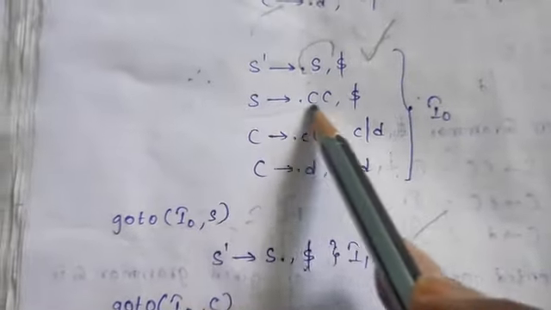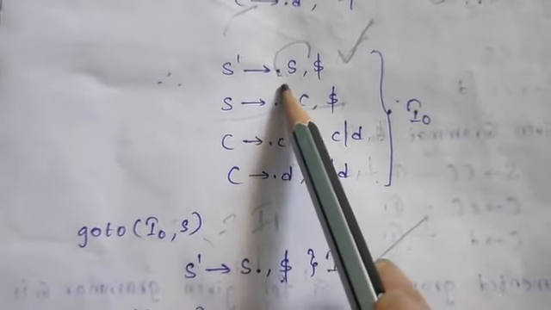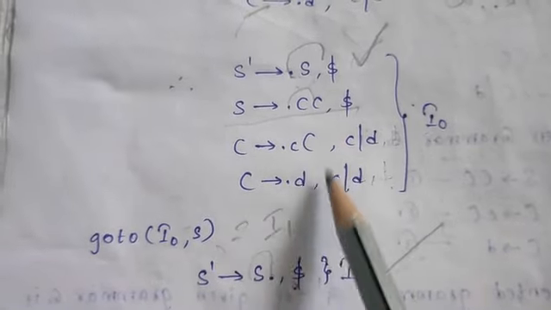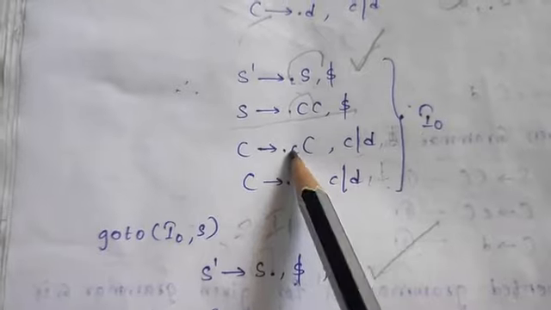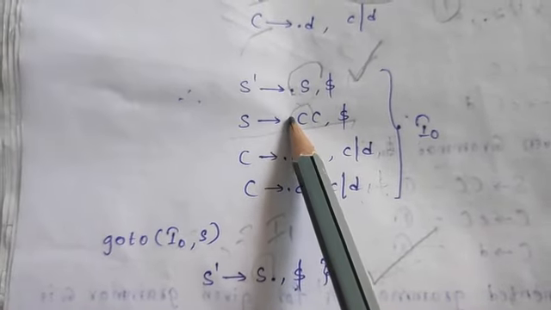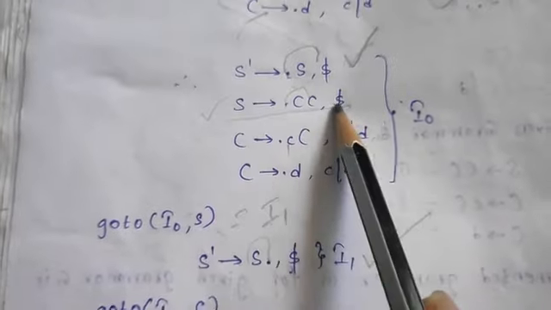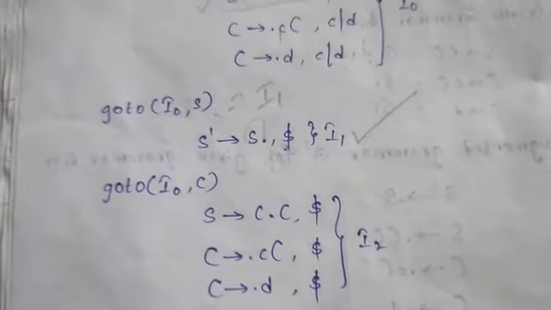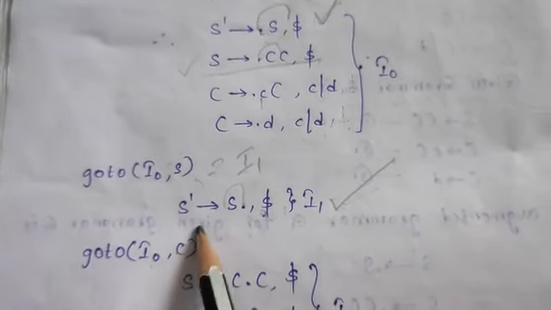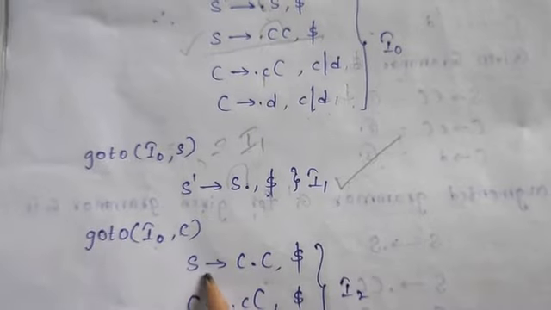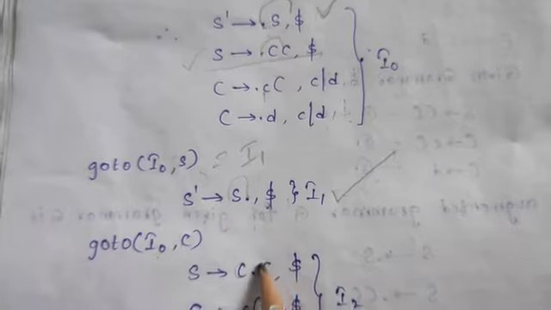Then we'll go for the second one. Here the dot is moving by capital C. Again check the remaining productions: is there any dot moving by capital C? No. Why? Because it is small c. So only in this production the dot is moving by capital C, so I will take that production. In I0, the dot moving by capital C, we'll get S tends to capital C dot capital C. Why?